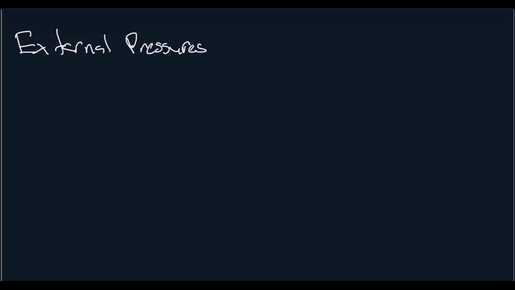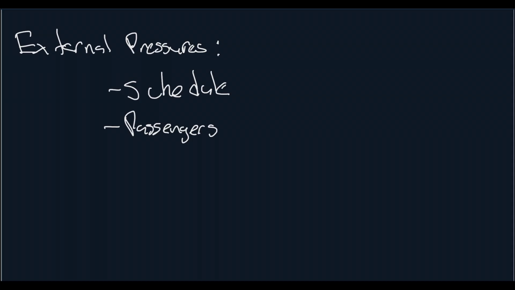Okay, we're talking schedule. Are you thinking, hey, I need to be somewhere at a certain time, and then there's some weather that potentially is building up and you feel rushed? Passengers. You have to take passengers and they need to be there at a specific time. Money. Is there money involved in the flight?